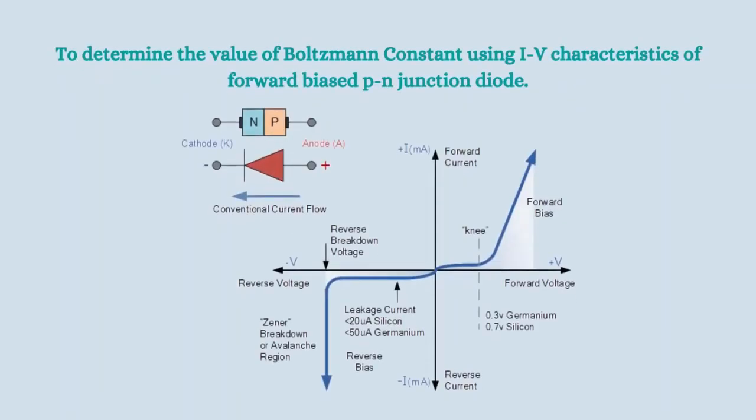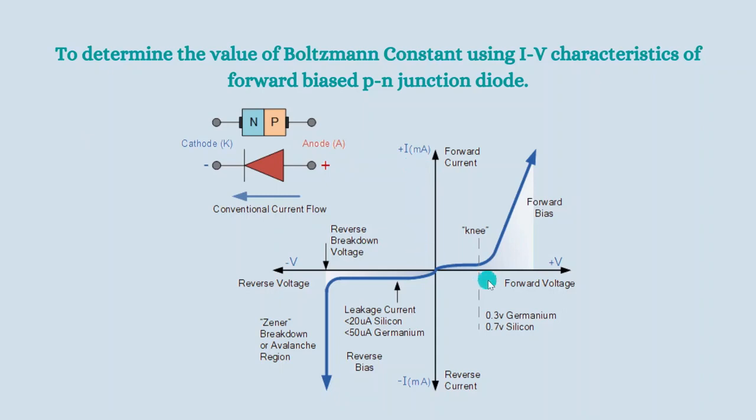So, to determine the value of Boltzmann constant using the VI characteristics of a forward bias PN junction: when the positive terminal of the battery is connected to the P side of the PN junction, and the negative terminal of the battery is connected to the N side of the PN junction, we call it a forward bias junction.